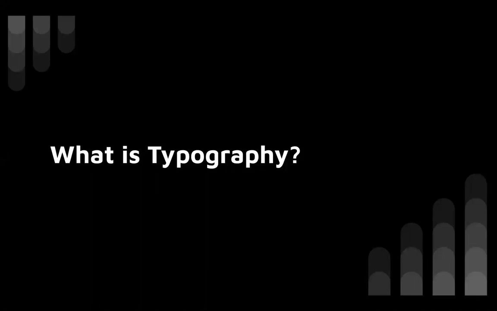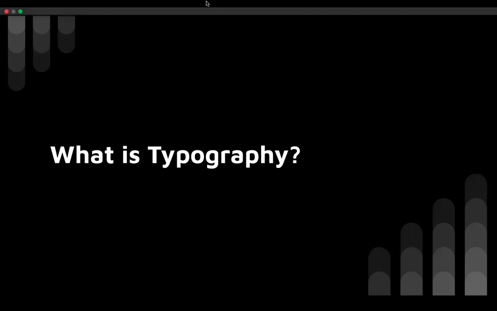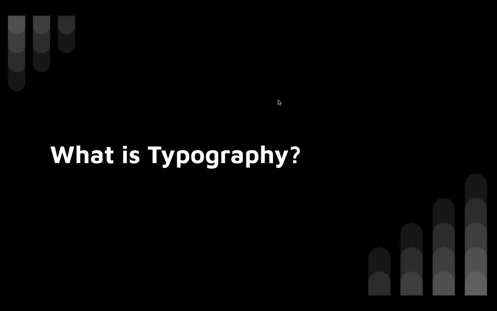Okay. So the method for arranging type involves selecting typefaces. We have things like point sizes, line lengths, line height, line spacing, letter spacing, and methods of adjusting spacing between text.